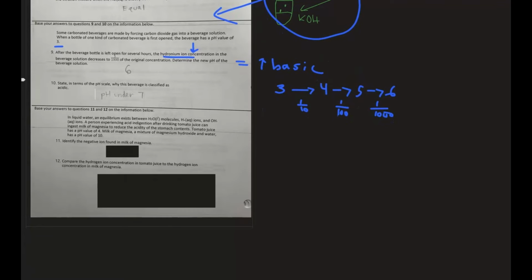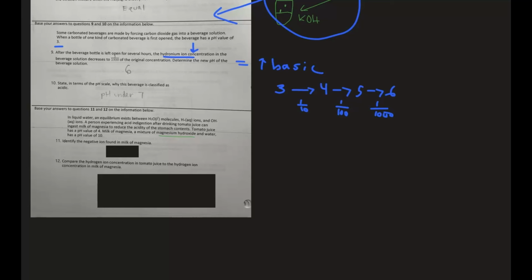Number 11. Identify the negative ion found in milk of magnesia. So, milk of magnesia, it's a mixture of magnesium hydroxide, which is... I should actually read this.